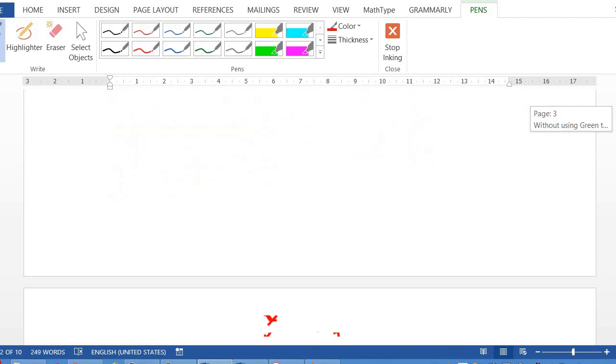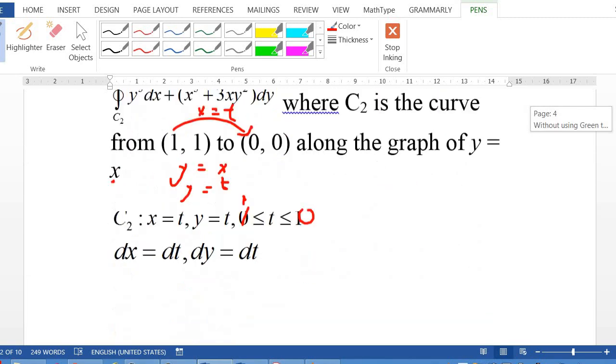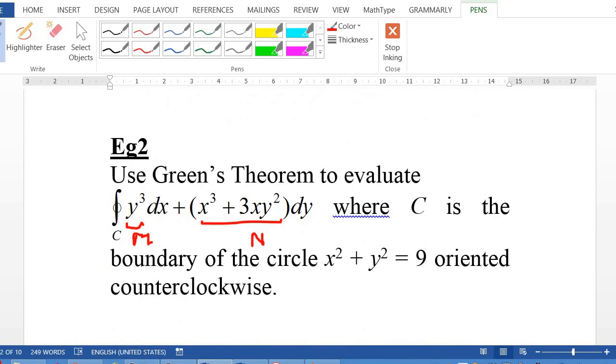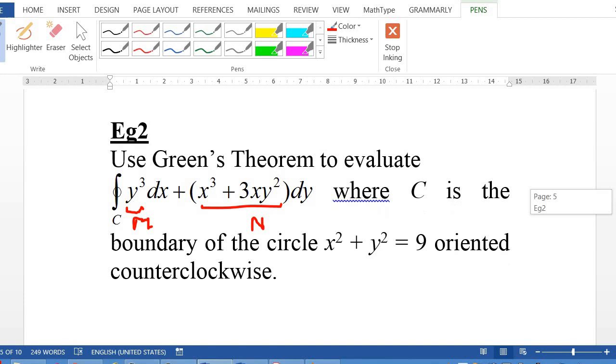Okay, in the next example, we are directly using Green's theorem. Example 2: use Green's theorem to evaluate the line integral of y cubed dx plus x cubed plus 3xy squared dy along curve C, where C is the boundary of the circle x squared plus y squared equal to 9 oriented counterclockwise.